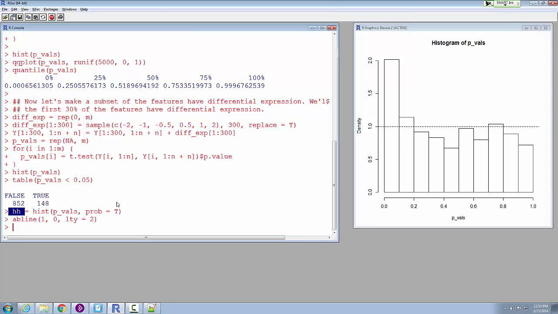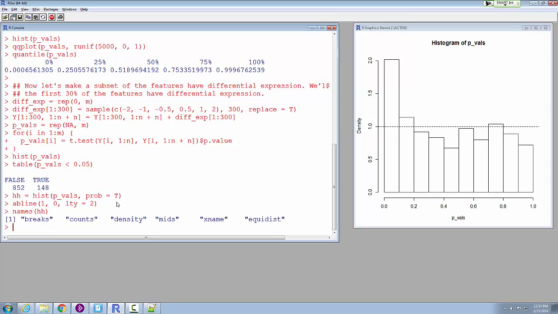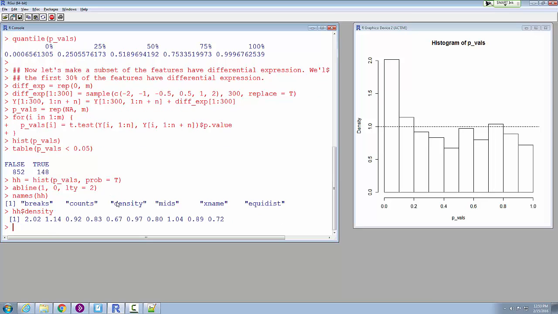And HH has some elements inside of it. Like density contains the heights of these rectangles. So the first rectangle in the picture has height 2.02. The next one drops down to 1.14. And then there's all of these.